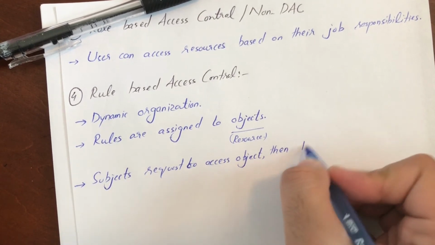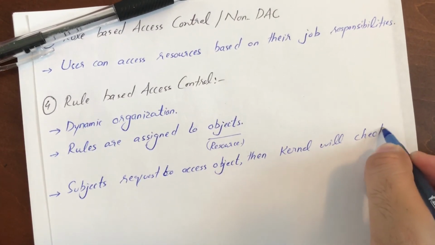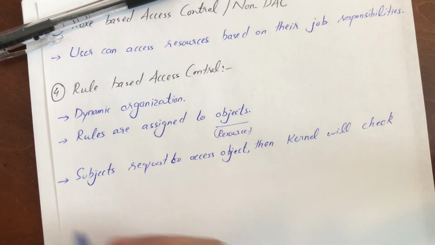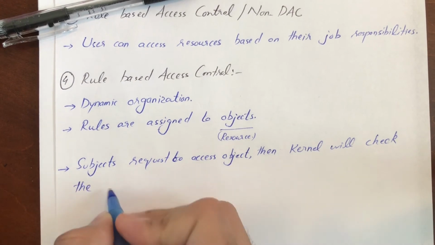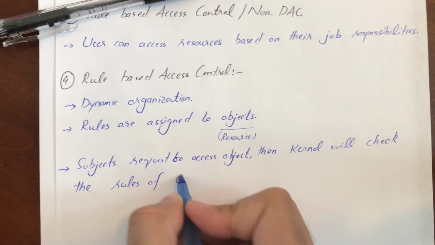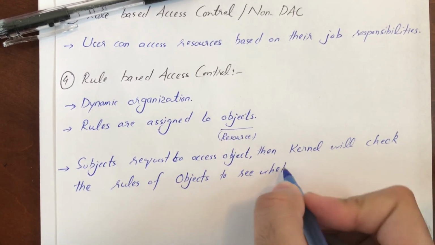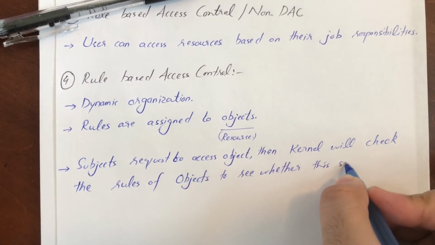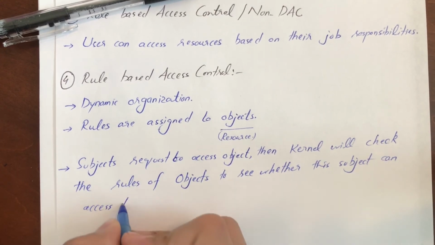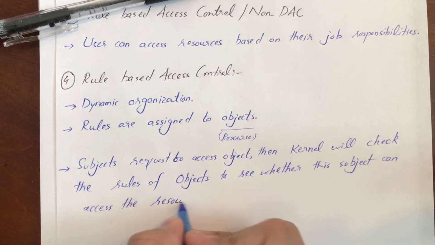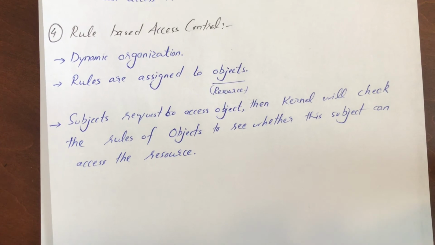Then the kernel will check the rules of the object to see whether this subject can access the resource or object, given the condition, or under those particular circumstances.